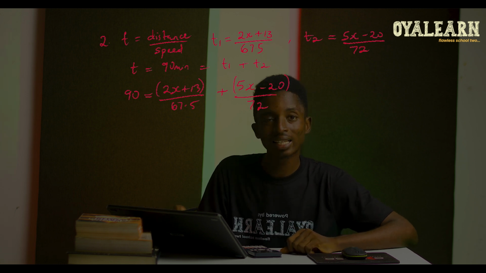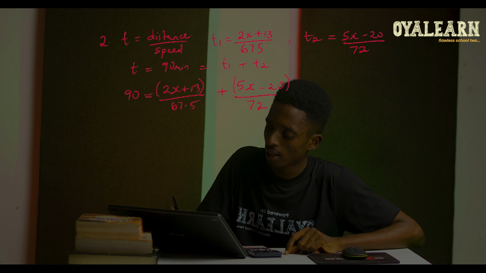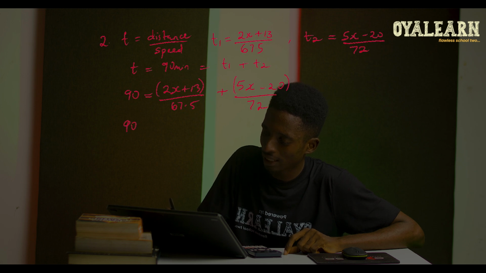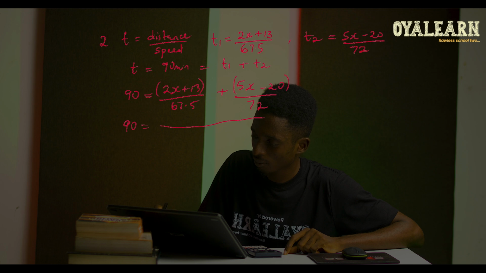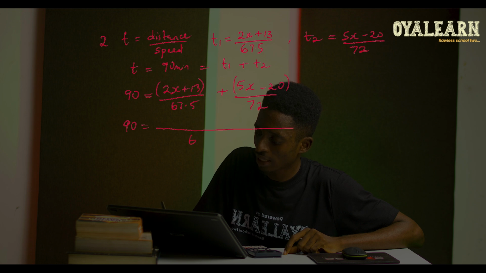To solve this, we have to take the LCM of the denominators. Therefore, 90 equals, now when we take the LCM of the denominators, it is the same thing as saying 67.5 multiplied by 72.